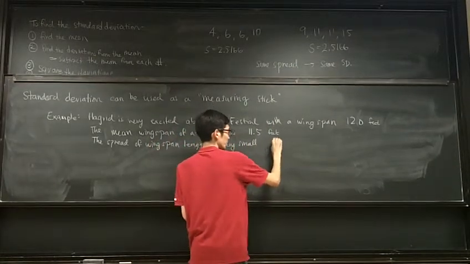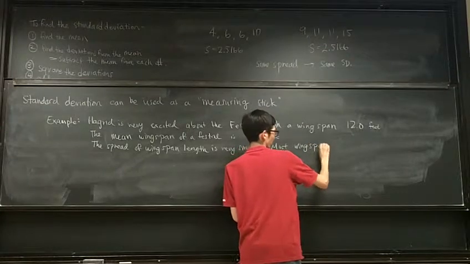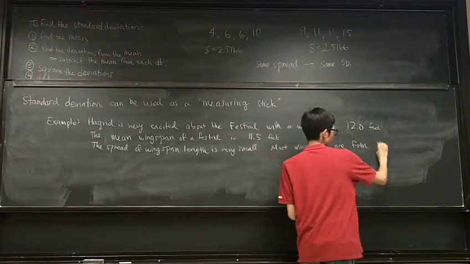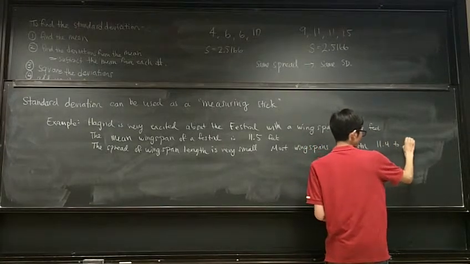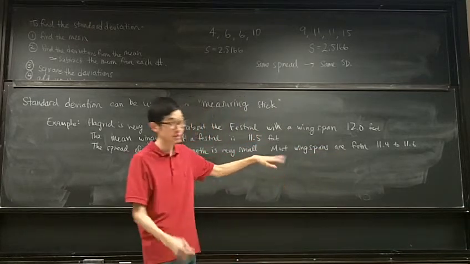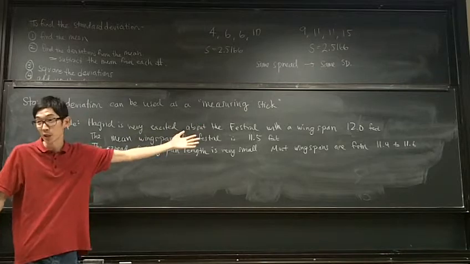Okay, so most wingspans are from, let's say, 11.4 to 11.6. Okay. Rarely is it above that. So a wingspan of 12.0 is rather remarkable.